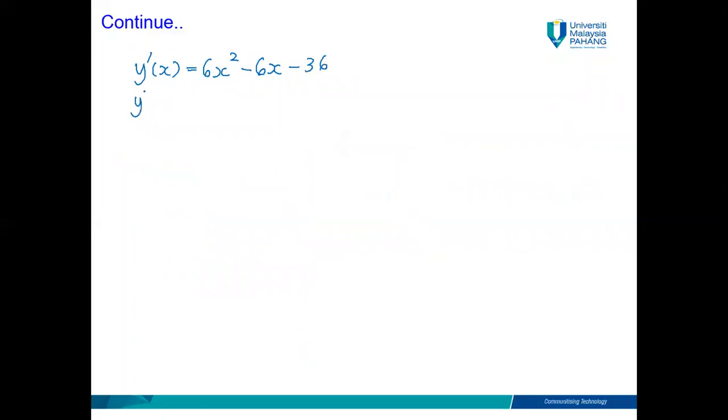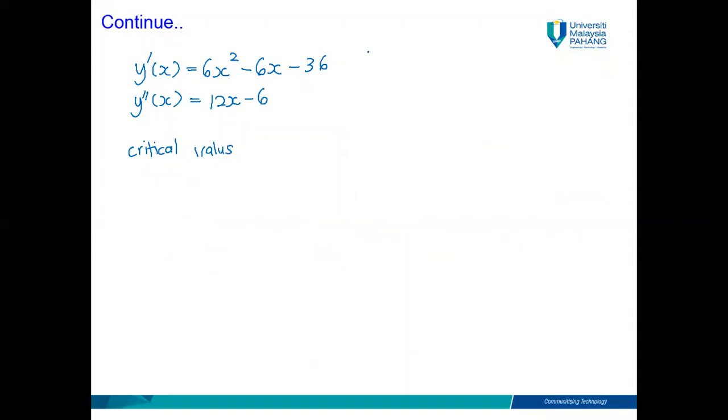So second derivative, dia adalah 6 times 2, 12x minus 6. So what's next? Next adalah, we go back to critical values.